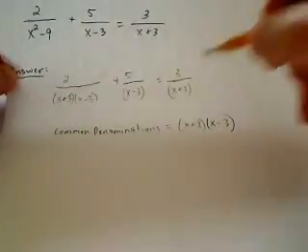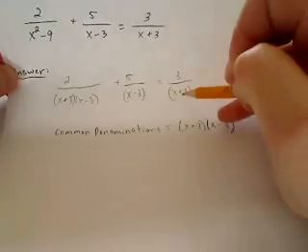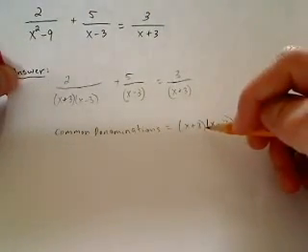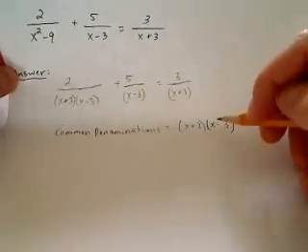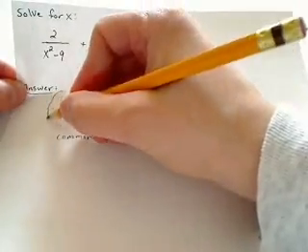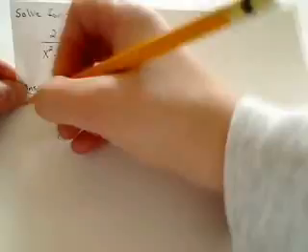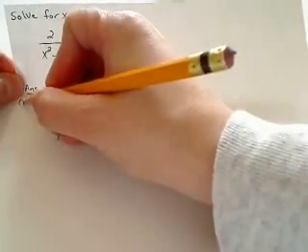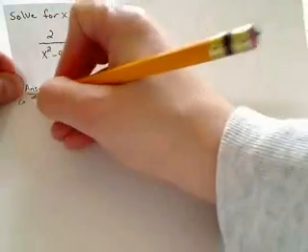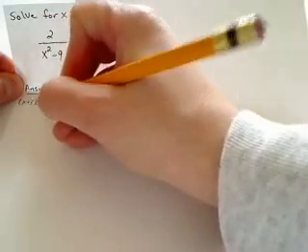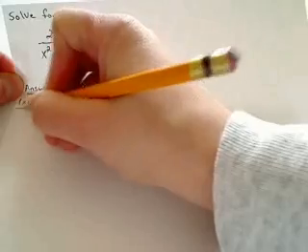So I'm going to multiply every single one of these fractions with x plus 3 times x minus 3 all over 1. I'm going to take this whole thing and multiply by x plus 3 times x minus 3 all over 1.